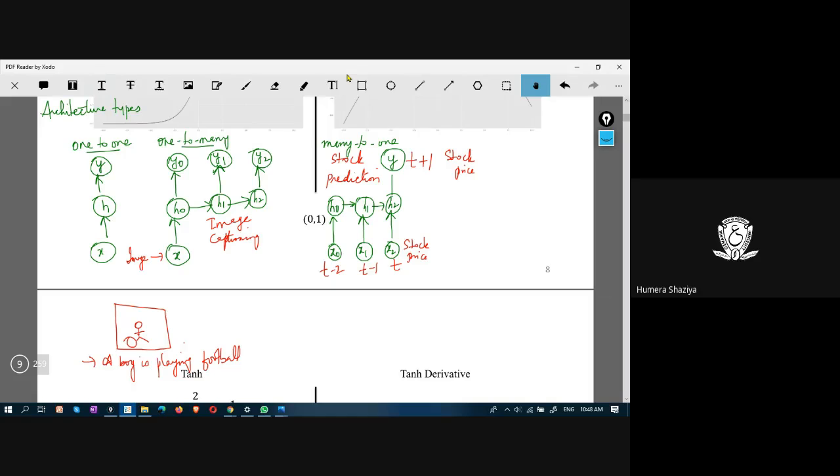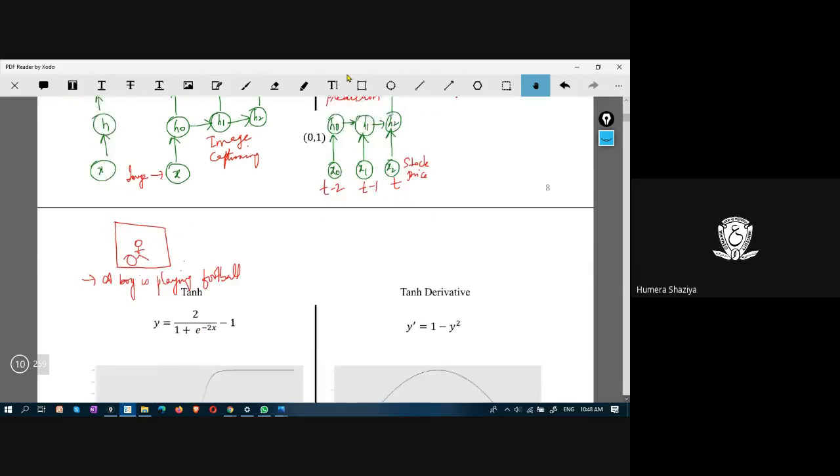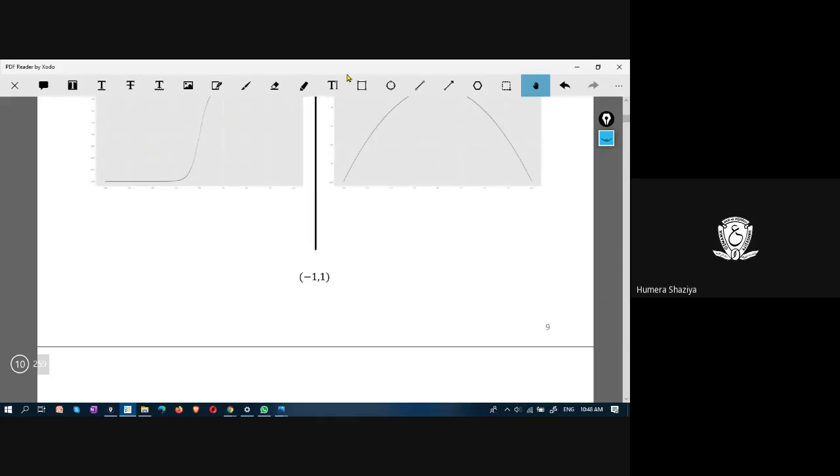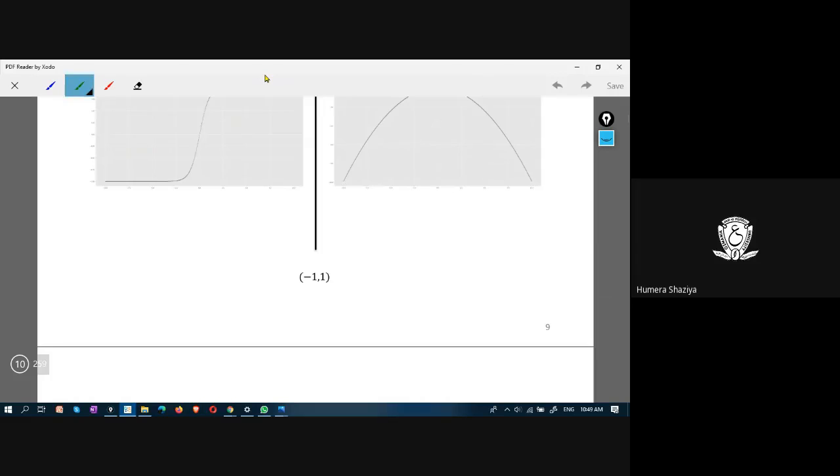And finally, the last type is many to many. In this many to many model, there are many inputs and there are many outputs.